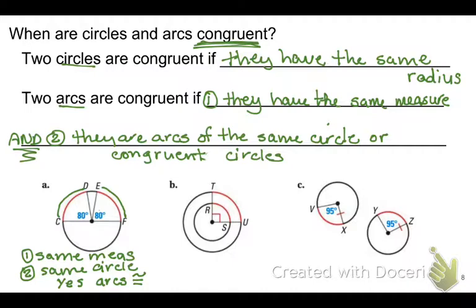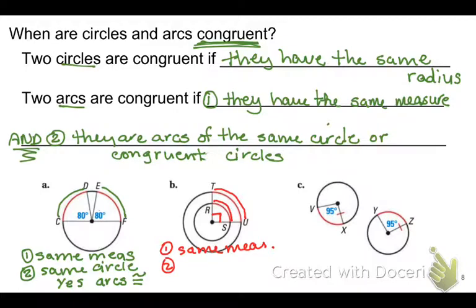Let's look at B, and I'll change colors just to be clear. So we're looking at TU here, and we're looking at RS, and we're trying to figure out if they're congruent. First criterion, they both have the same measure. They're both 90 degrees. So they meet that criterion. Let's look at the second one. Are they arcs of the same circle?